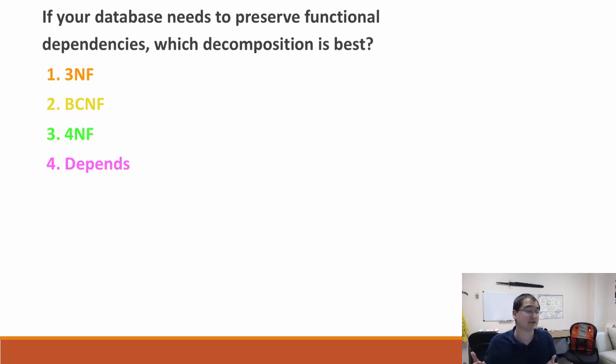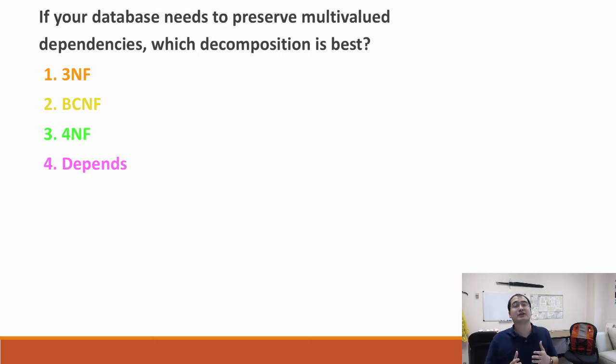Which decomposition should you do? Well, then you would go to third normal form, because that's the one that cares about functional dependencies, preserving them at least. And what should you do to preserve multi-valued dependencies? Well, I haven't taught you a good normal form that handles that. So really, none of these three are very good at handling this particular property.